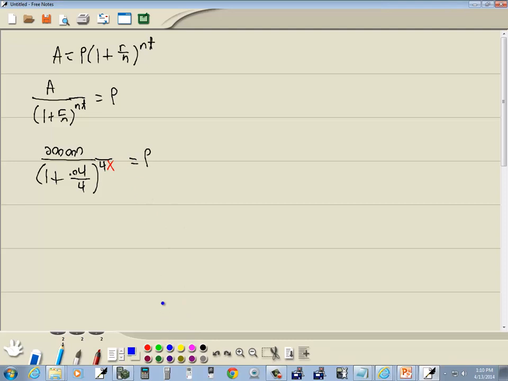Now, if you have more than a single number or a single variable in your exponent, you should put parentheses around it when you plug it into your calculator. So I'll put parentheses around the 4X. Let's plug this into our calculator.